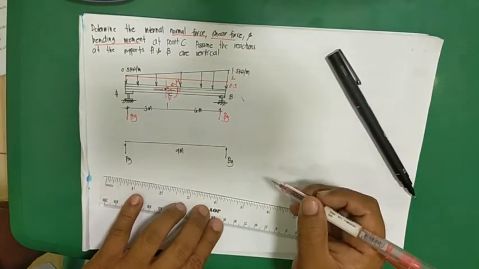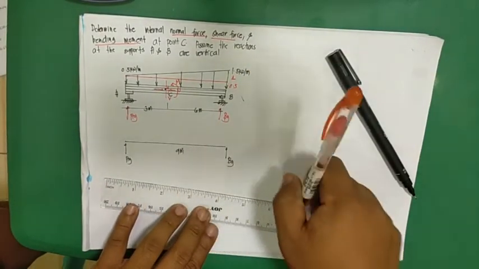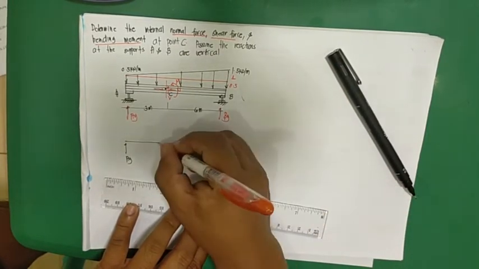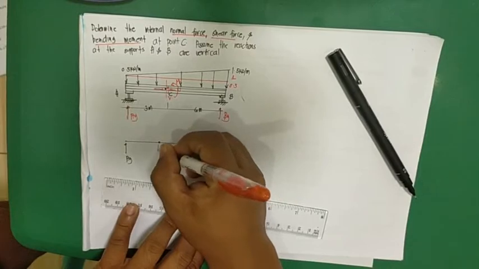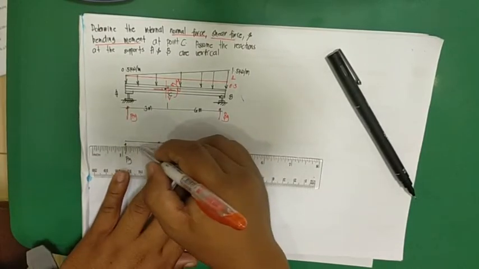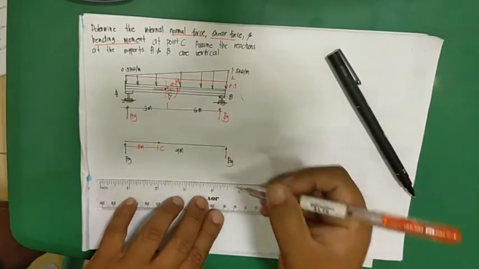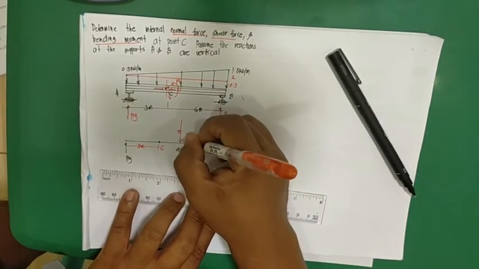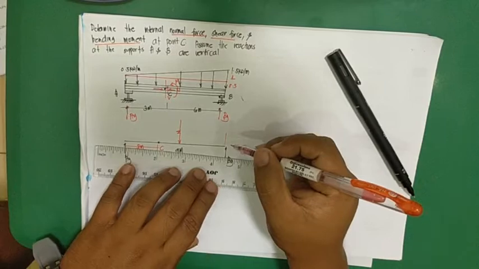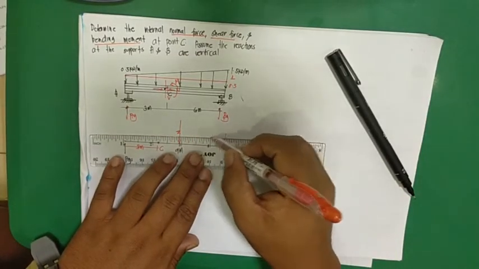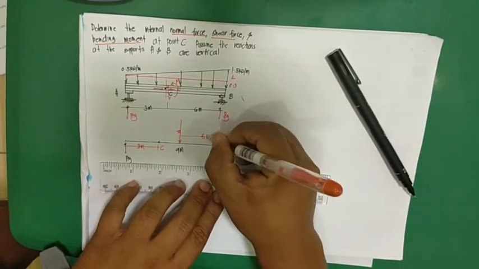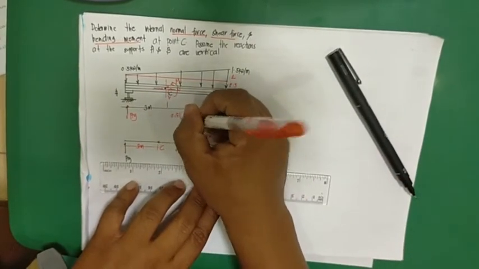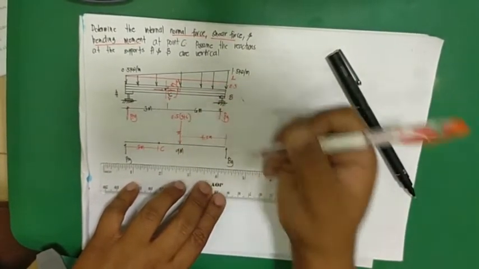So you have here point C, right? Point C located at 3 meters. So the first loading will be located at 4.5 meters, which is 0.5 times 3 plus 6.